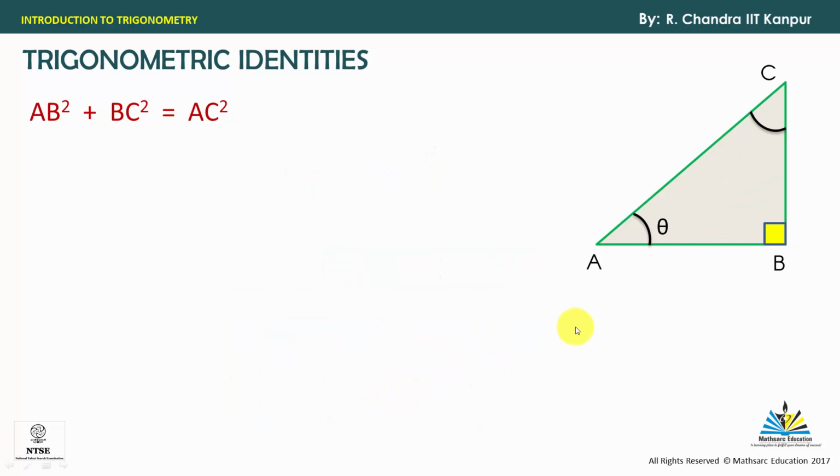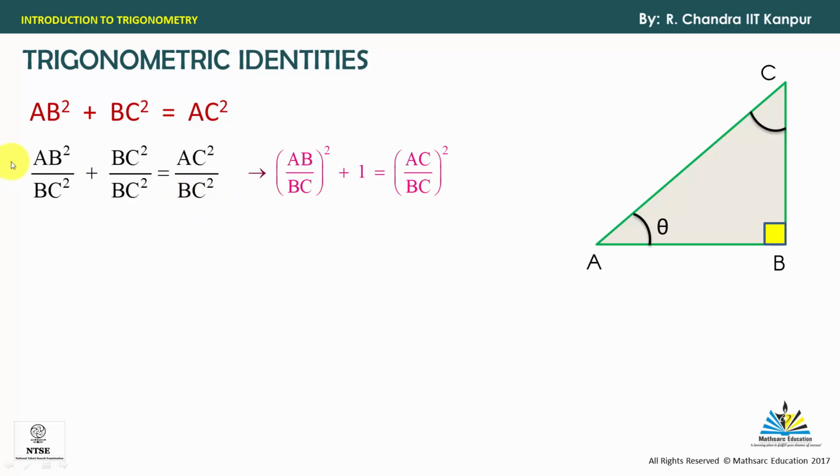Again, we have another identity, with the same Pythagoras theorem. AB square plus BC square equal to AC square. Now we divide it by BC square. This implies (AB upon BC) whole square plus BC square upon BC square is equal to (AC upon BC) whole square.